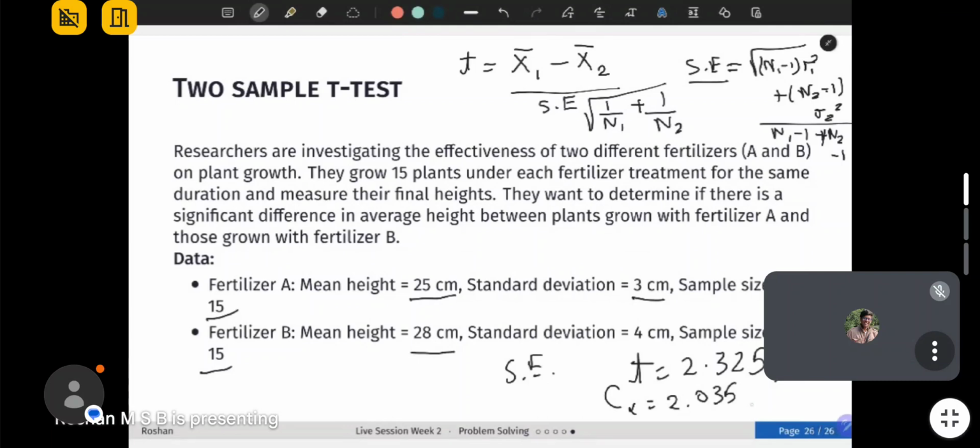Okay. Since this is a two-tail test, you should always calculate it for alpha by 2. Okay, 1.701. Should we reject the null hypothesis? Yes, sir. We should reject the null hypothesis because the calculated t-value is more. Is anyone else coming to the same conclusion?